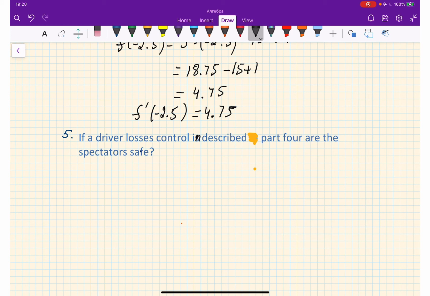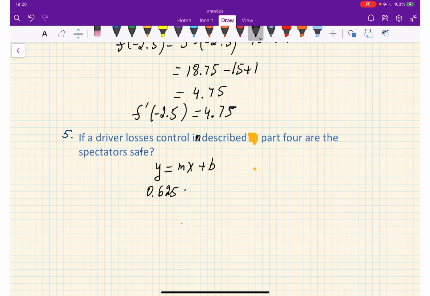In the described part 4, if a driver loses control in part 4, are spectators safe? Okay, so we have y, it's moving along a road whose mathematical model is mx plus b, yes?